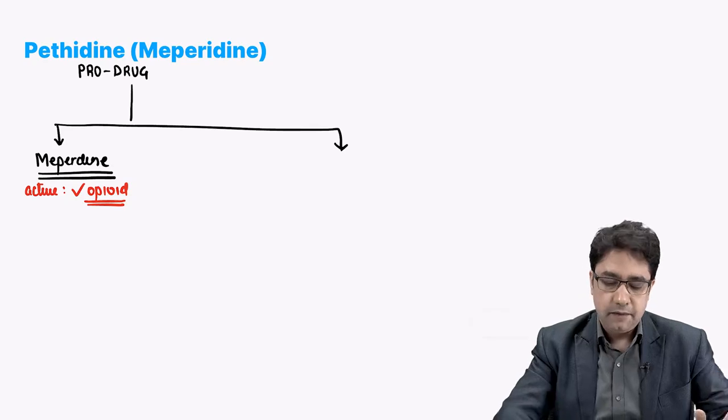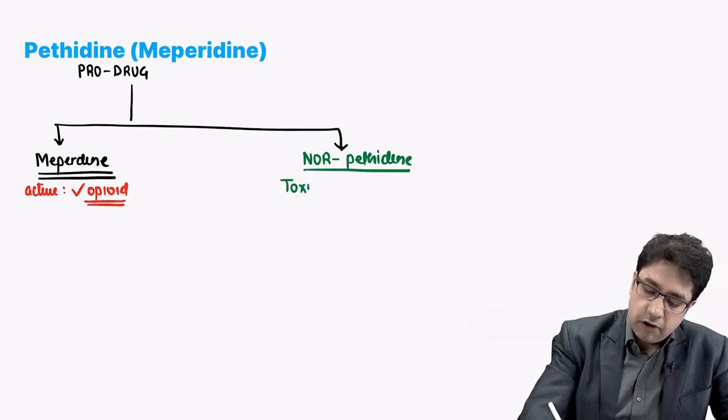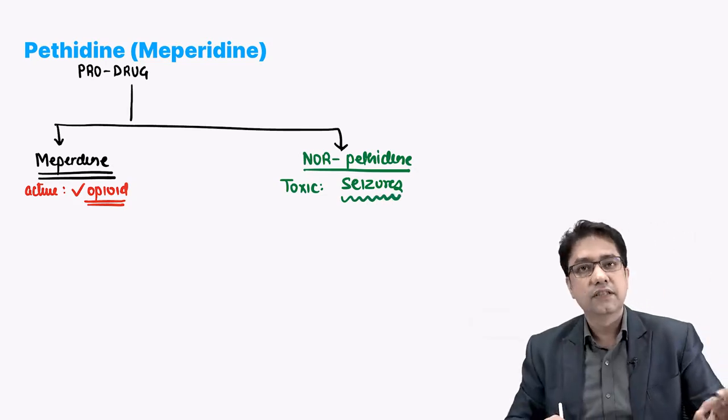So it's a good thing. Another form produced from pethidine is norpethidine. But norpethidine is the toxic form of pethidine. Remember, it has a side effect of seizures.